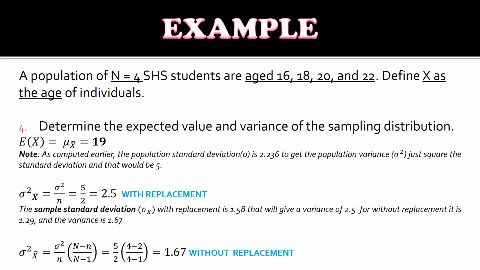To substitute, we have 5 over 2 times the quantity 4 minus 2 divided by 4 minus 1, and it will give us 1.67. So that's for without replacement. Same thing as when we squared the computed standard deviation of 1.29 for without replacement.